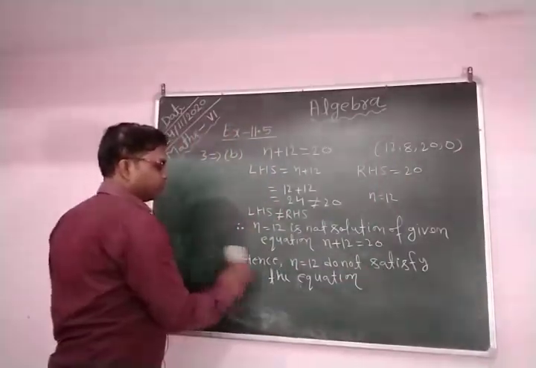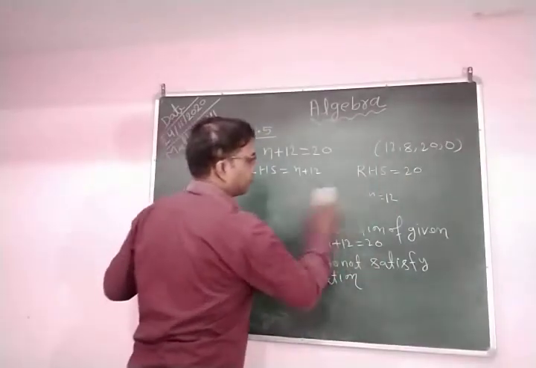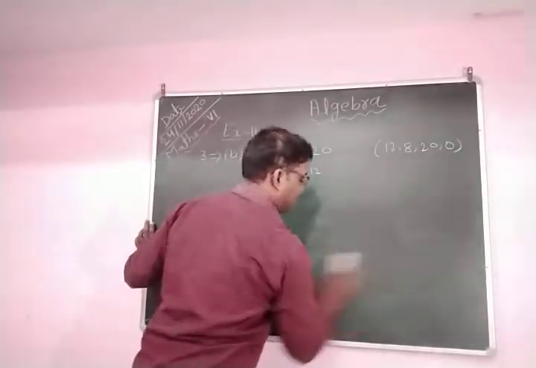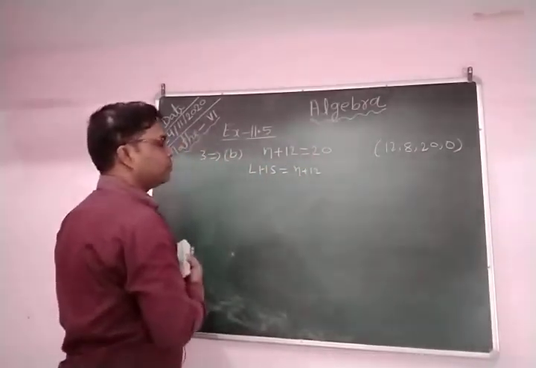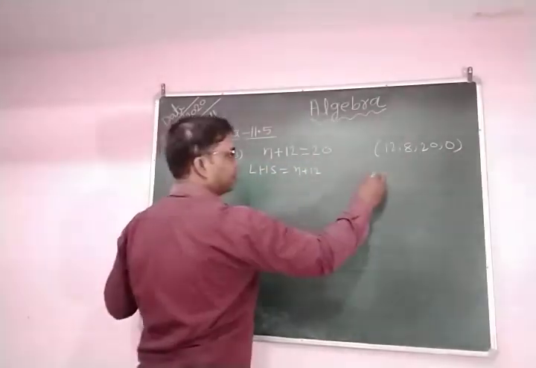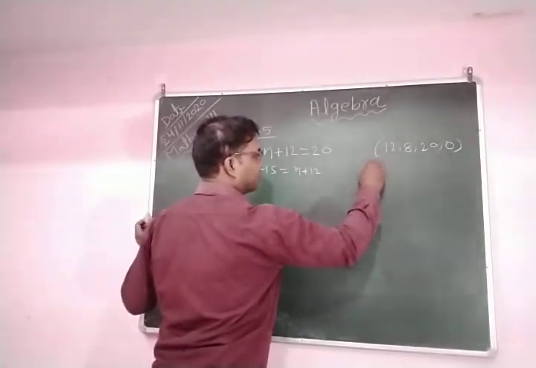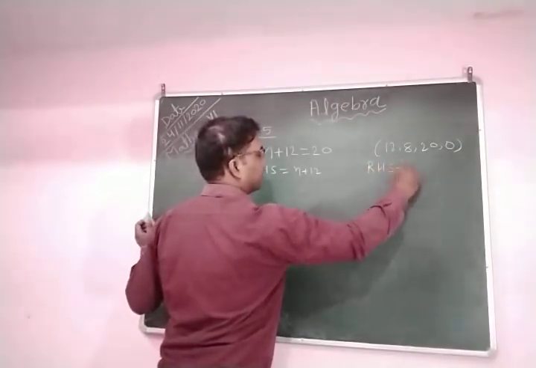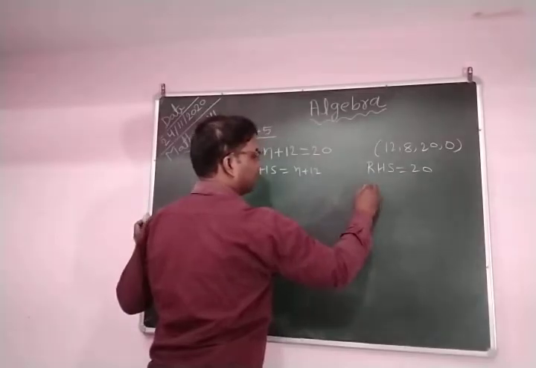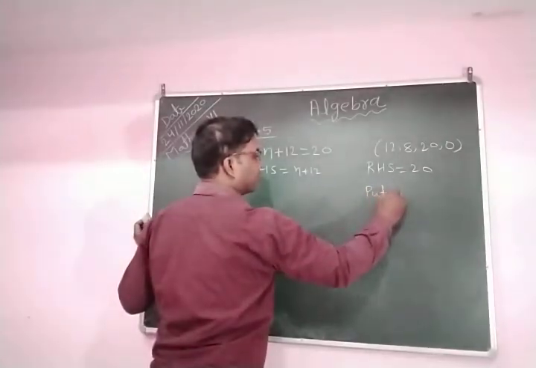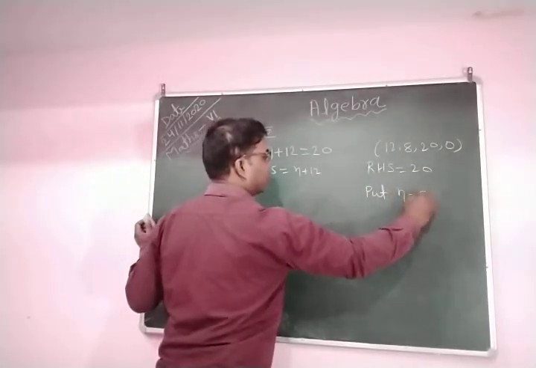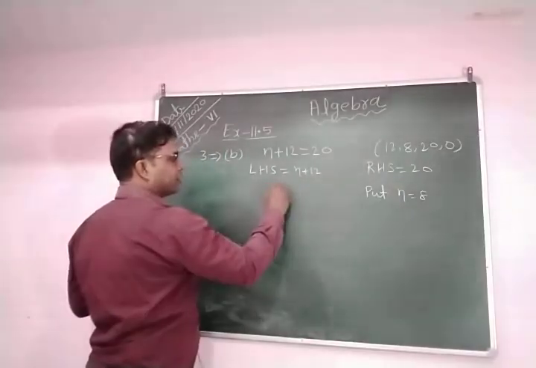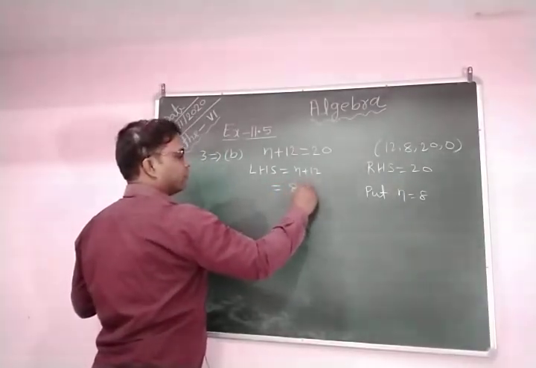Now we take the next value, n is equal to 8. First we erase this. The right hand side is 20, and here we put n is equal to 8, so write 8 plus 12.